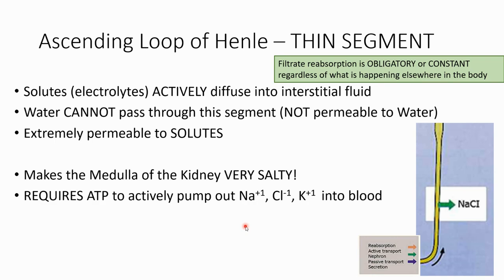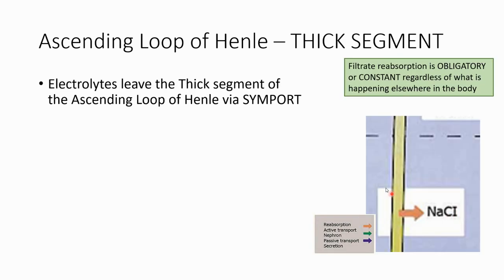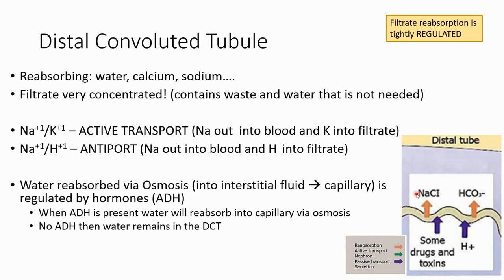This is active transport, so that's going to require some ATP. But again, for the most part, just know sodium chloride is leaving through the ascending limb. And then as you move up, you still have sodium chloride leaving. It's just leaving by a different method, but we're not going to worry about that for the test.